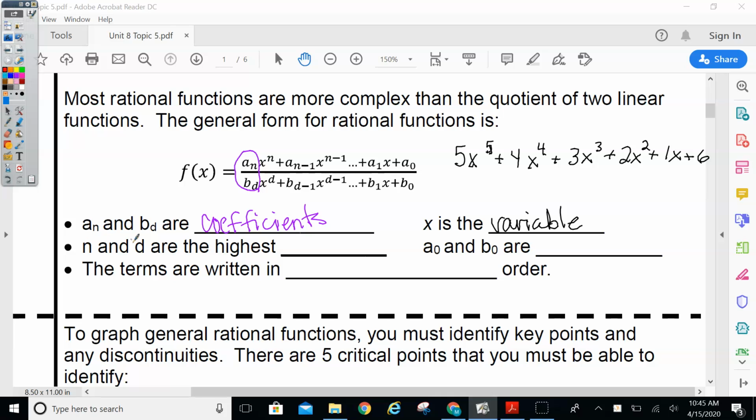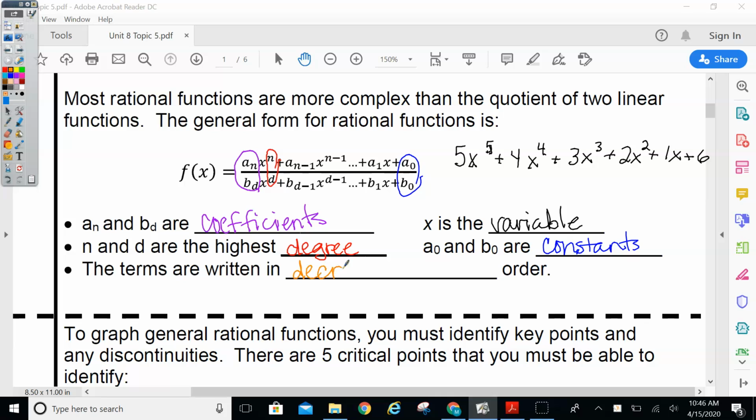N and D here are your highest degrees. They're your biggest exponents. We call the biggest exponent just the highest degree. The last two numbers here are your constants. The ones without the x are still your constants, so we're still going to need those.